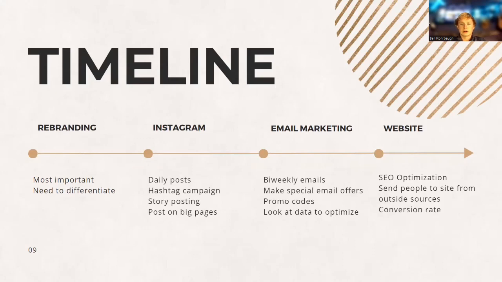And then, as I was just talking about, email marketing, it's really important to use biweekly emails to at least those 3,000 people at that 1% conversion rate. And we want you to also look at your data through MailChimp software so you can optimize your subject lines and make sure that they're hitting as hard as they can. And then finally, your website, we just want you to have those keywords throughout your pages and make sure that people are able to search your website and actually find what they're looking for.